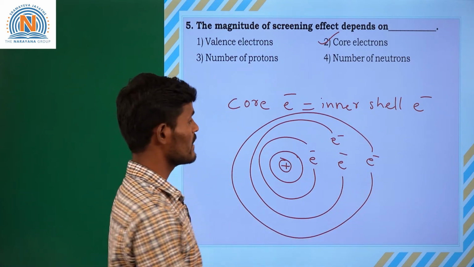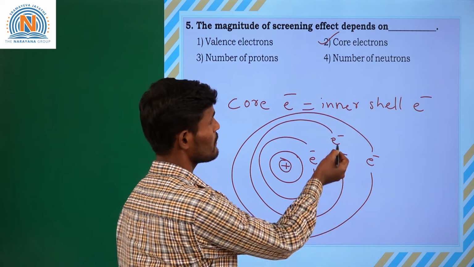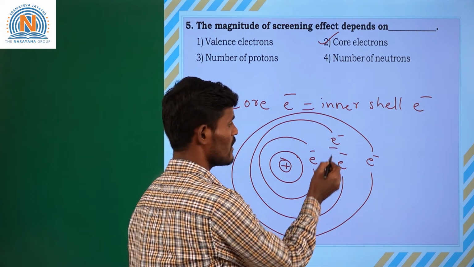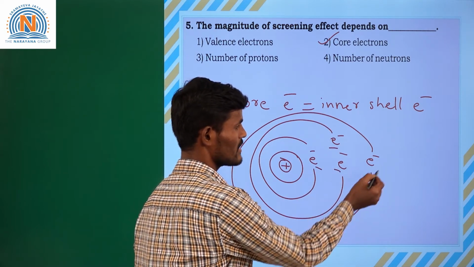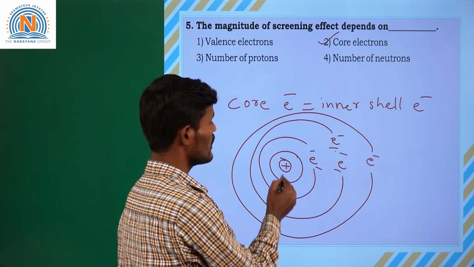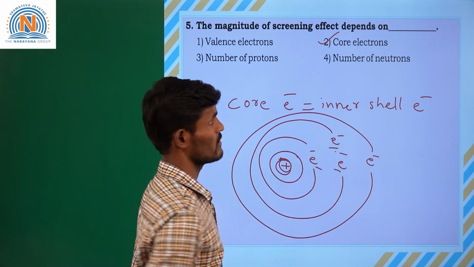Listen here, due to the presence of inner shell electrons, or core electrons, this is the valency electron and these are the core electrons. Due to the presence of core electrons, the nuclear power of attraction decreases on the valency electron.